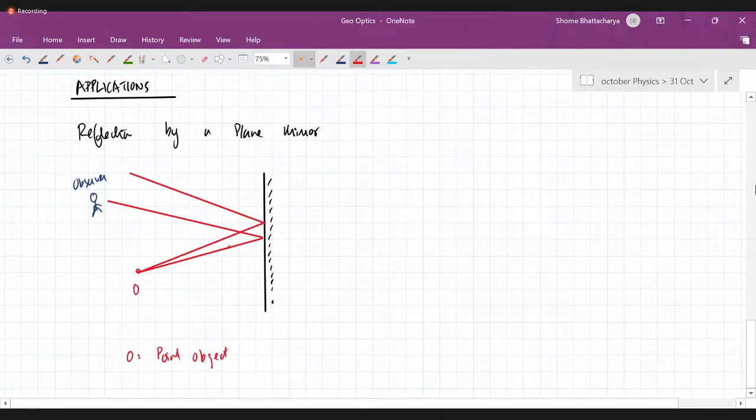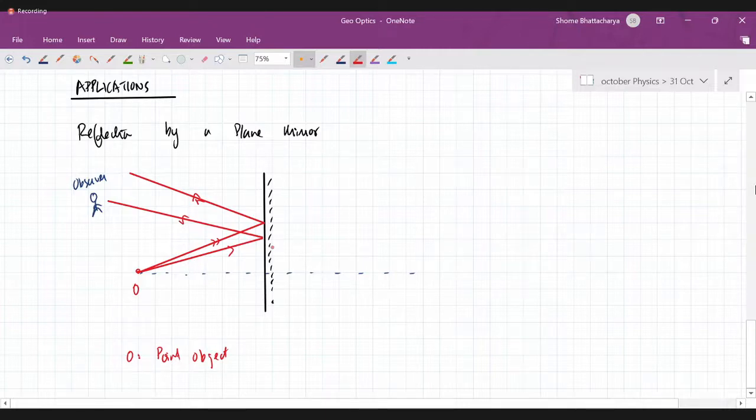So rays which are incident like this, they suffer reflection in such a way that angle of incidence is equal to angle of reflection. So if you produce such reflected rays back, they show us that they appear to be coming from a virtual point behind the mirror, which is at the same distance as this one is in front.